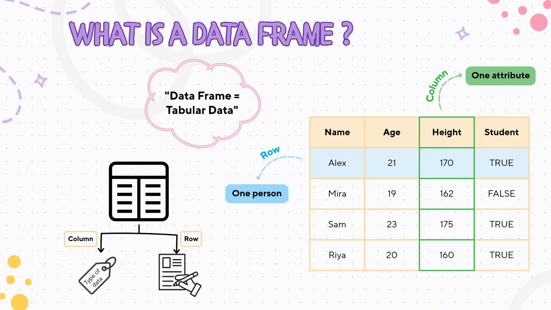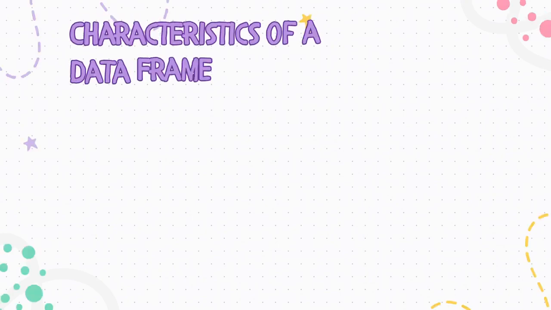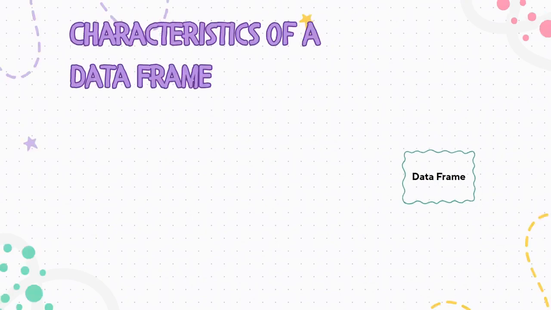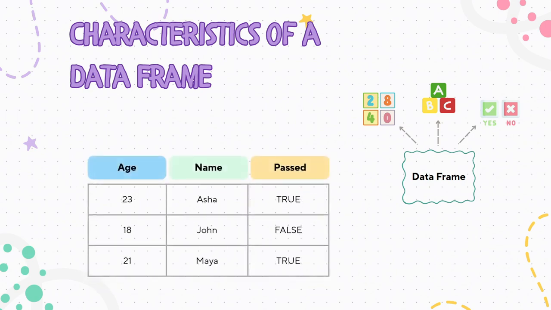So, now that you have a general idea about what a data frame is, let's talk about the characteristics of a data frame. Inside a data frame, each column can contain a different type of data. It can contain numbers, characters, or logical values as well. So, inside this data frame, age is numeric data, name is character data, and whether the student passed or not, that is passed, is logical data which has true and false values.